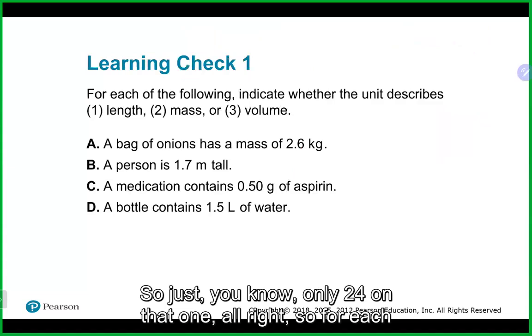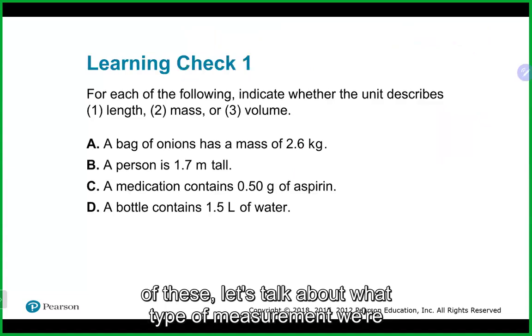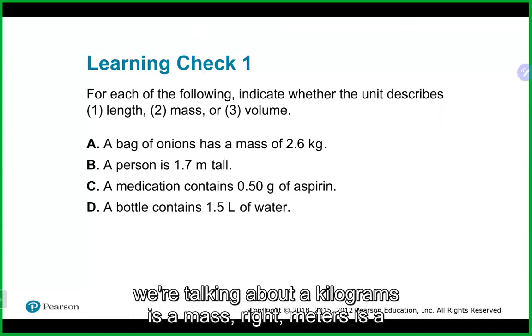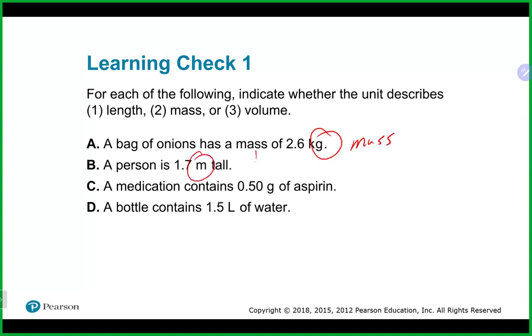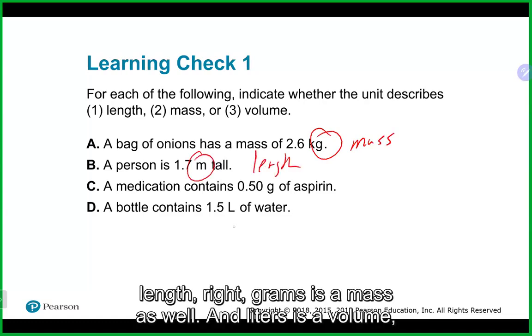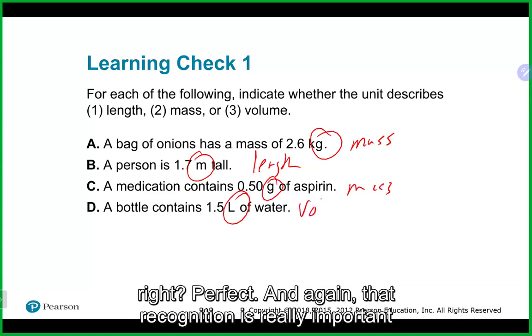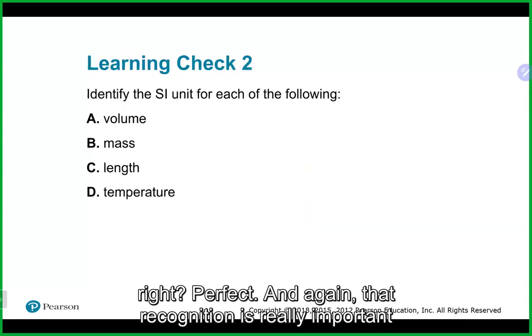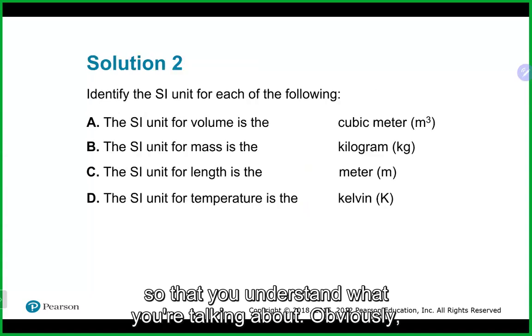All right. So for each of these, let's talk about what type of measurement we're talking about here. We've got kilograms, which is a mass, right? Meters is a length, right? Grams is a mass as well, and liters is a volume, right? Perfect. And again, that recognition is really important so that you understand what you're talking about.